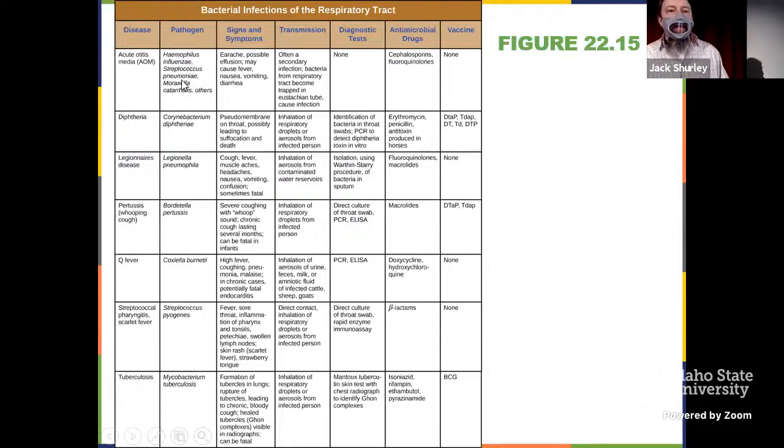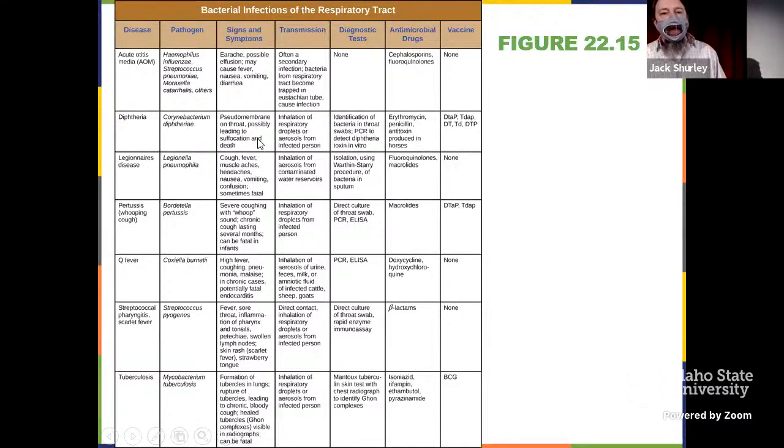Handfuls of bacteria: Haemophilus, Strep pneumo that we saw, Moraxella catarrhalis is another one. All of these have the potential for inner ear infection. All of them potentially live in the oral cavity in the first place. That sets the stage for maybe easy colonization, if you will.